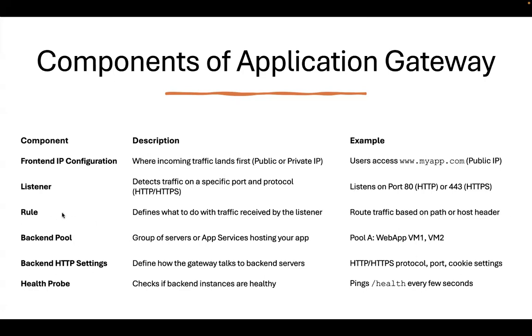These rules we configure so that it understands where you are taking the request from and where you are forwarding it to. The backend pool is nothing but a group of servers, app services, or Kubernetes, whatever it is. Backend HTTP setting defines how the gateway talks to the backend server, like which protocol it has to use and which port it has to go to on the backend server. Cookie setting and all these things are in the backend HTTP setting.